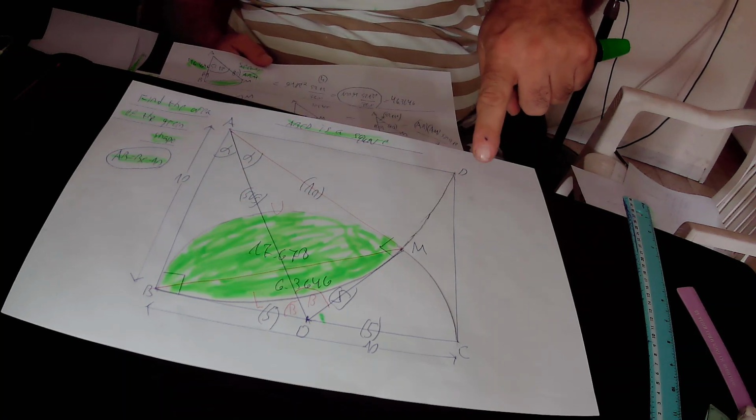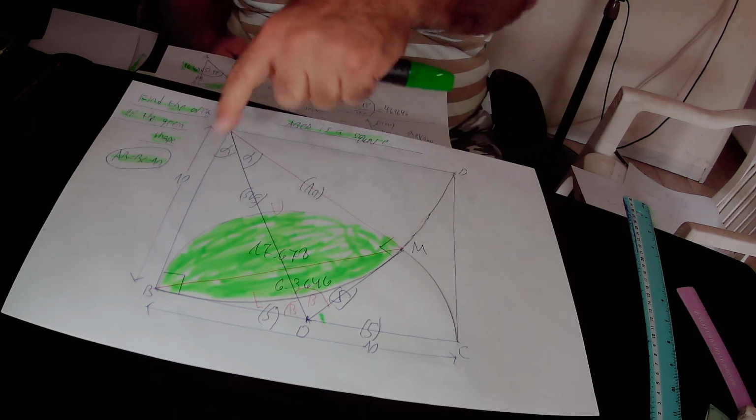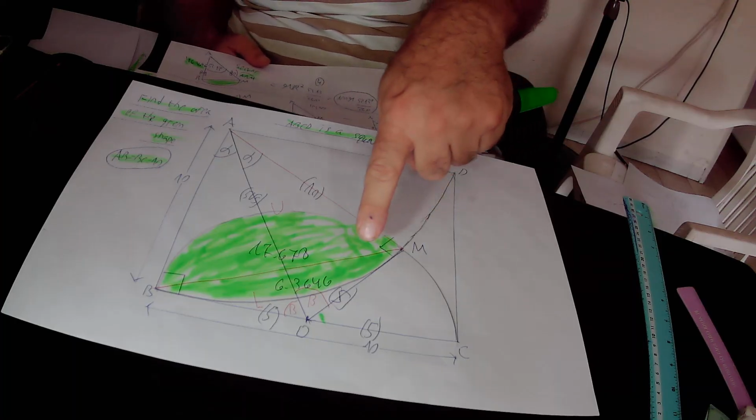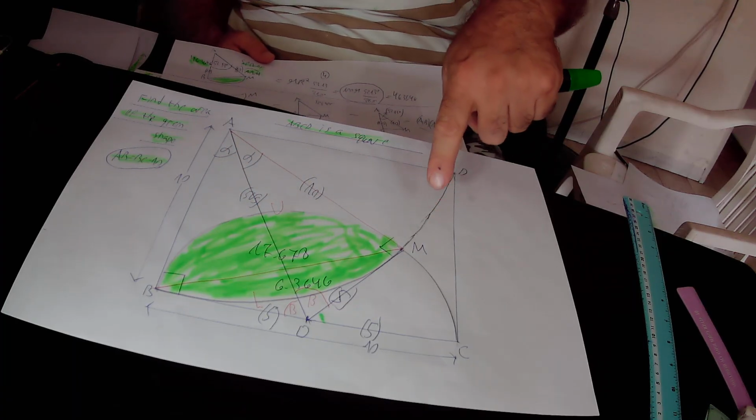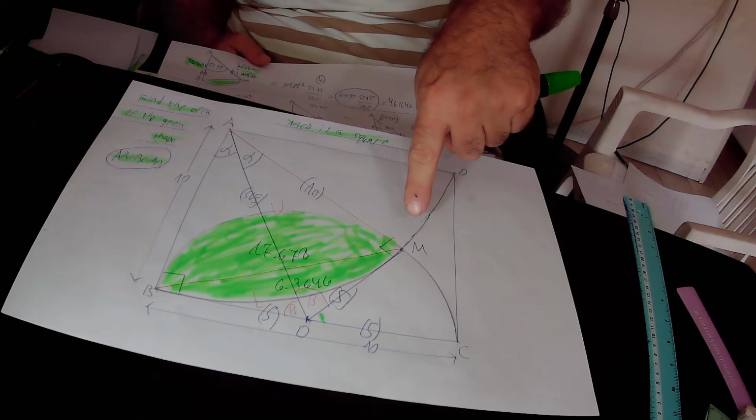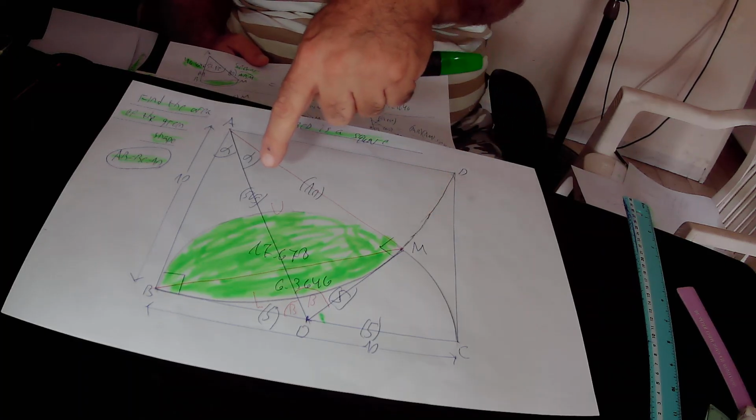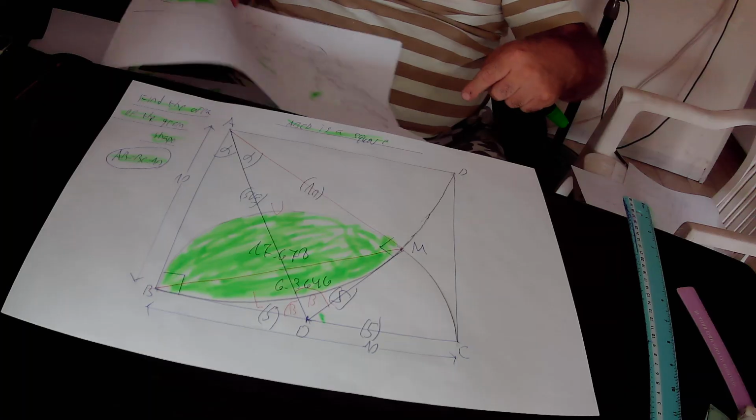So I copy sector BOM in an Olympiad and analyze this sector BOM in order to find the area of this upper segment BUM.